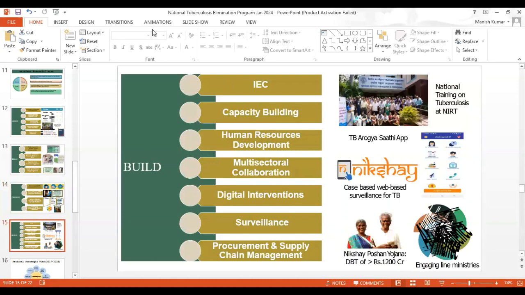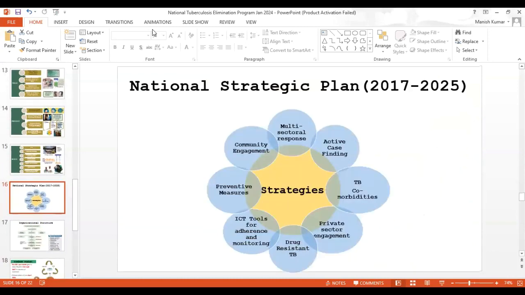So how they are going to build upon and strengthen this further: through IEC, through capacity building involving more trained human resource, multi-sectoral collaboration, digital intervention, by improving surveillance and focusing on procurement and supply chain management.